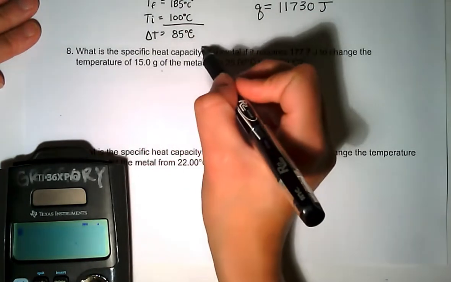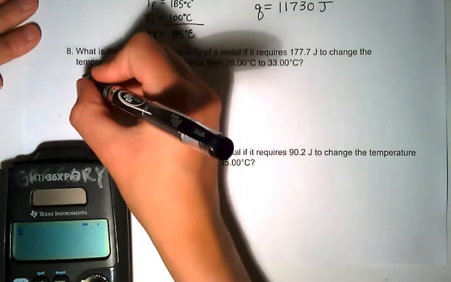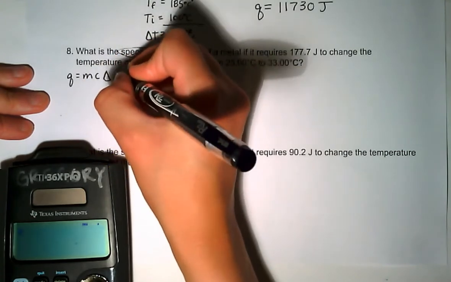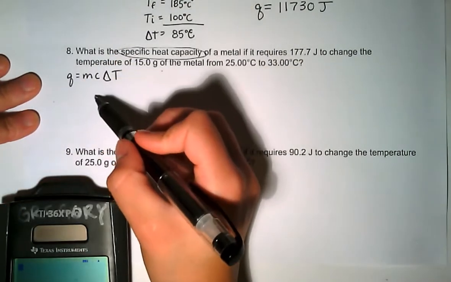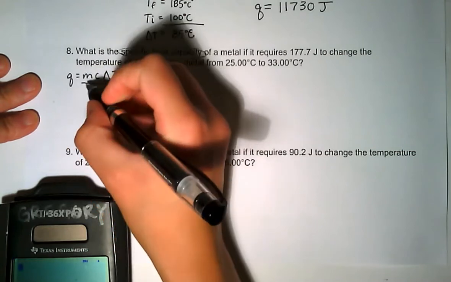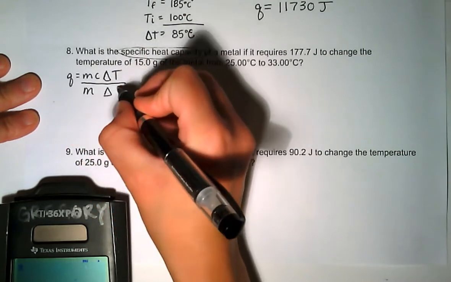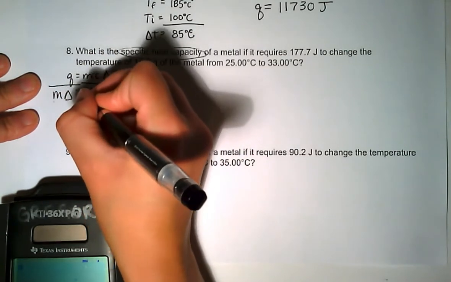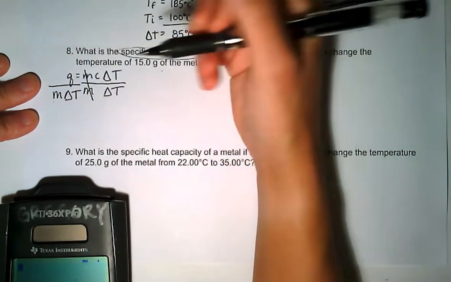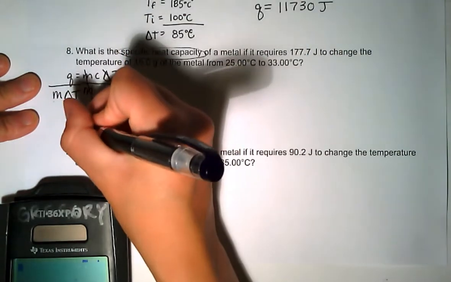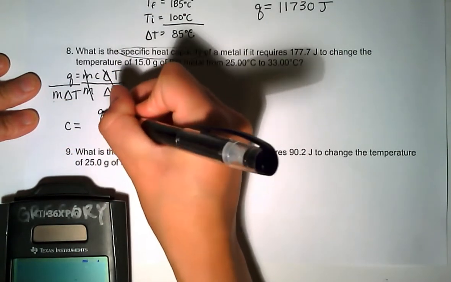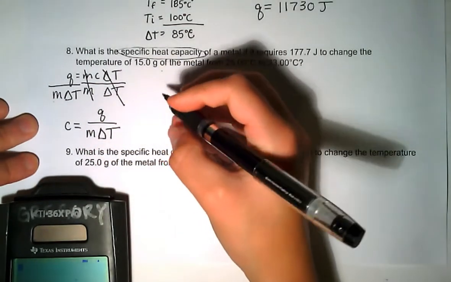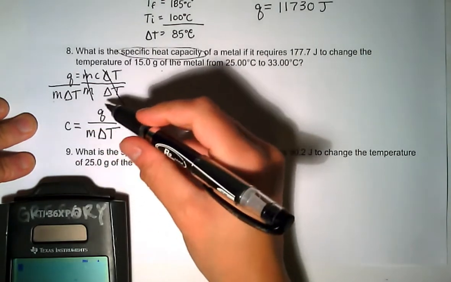So this time we're asked to find specific heat capacity, which is C. So Q equals M times C times delta T, but we need to rearrange this equation to solve for C. So we'll do that by dividing by M and delta T, and of course what we do on one side we need to do on the other side. So M cancels out, delta T cancels out, and we're left with C equals Q divided by M times delta T.